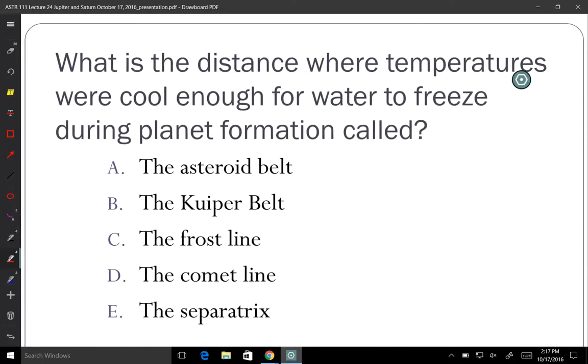So, clicker question number 1, which is open to answering now. What is the distance where temperatures were cool enough for water to freeze during the planet formation period?